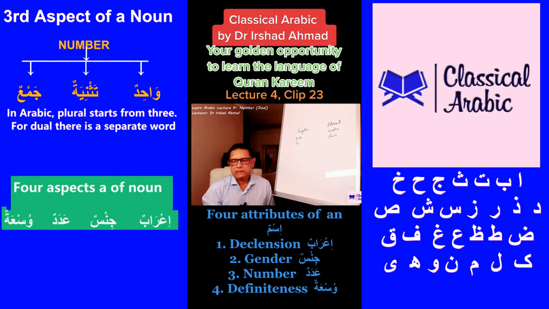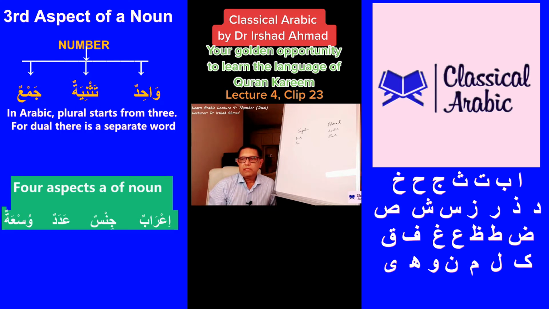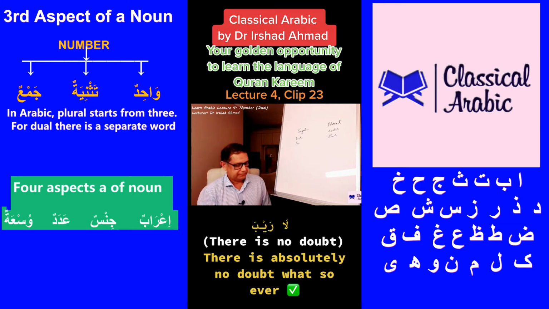And we have recently looked at an example, right at the beginning of Quran: Alif Lam Mim Zalikal Kitabu La Rayba Fihi. So La Rayba Fi. We'll look at it again. La Rayba.